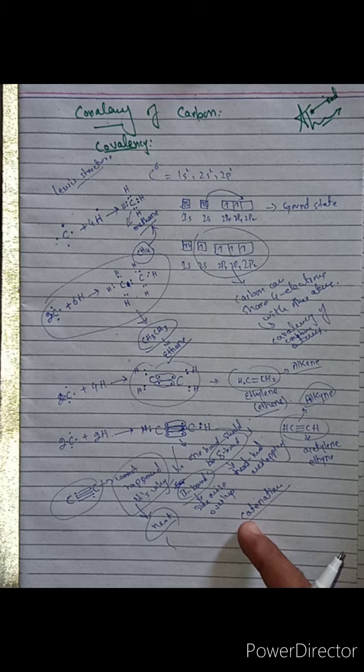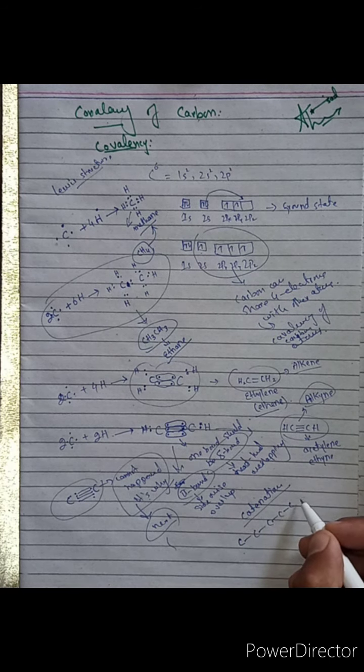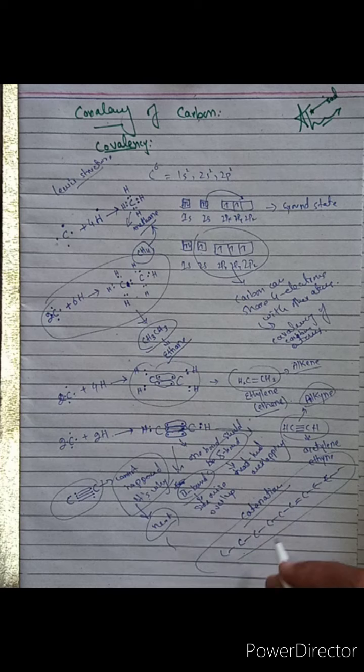This property of carbon is responsible for chaining carbon bonds. I mean that one carbon bonds with other carbons and has a long chain, and this property that carbon can make long chains is called catenation.